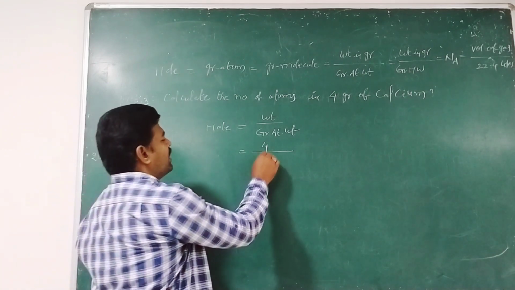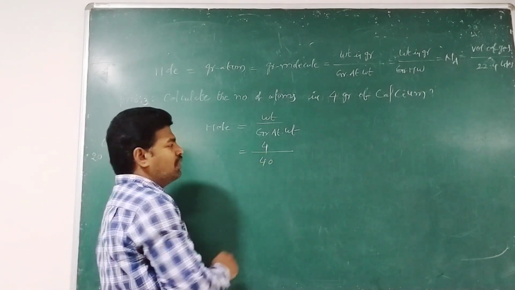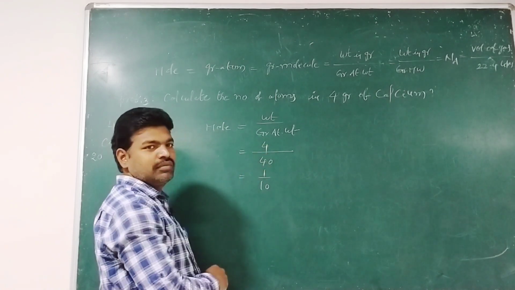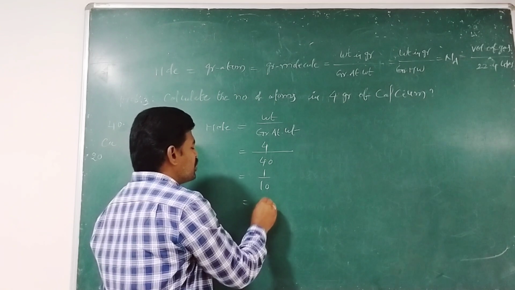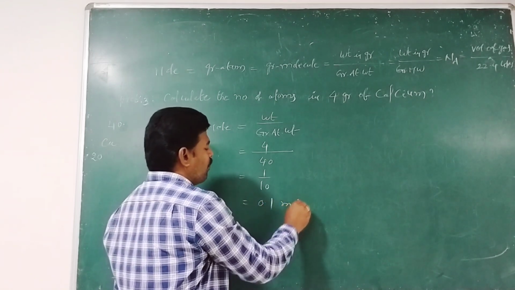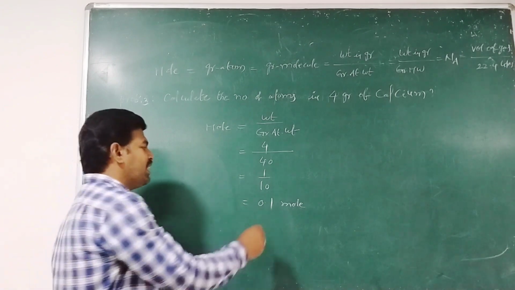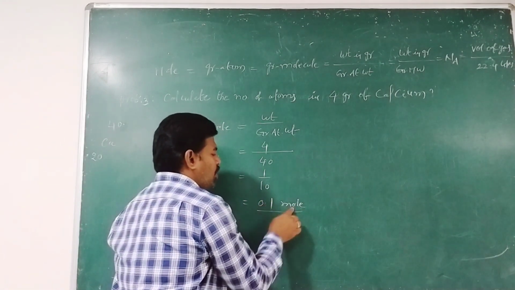Therefore 4 by 40 means 1 by 10, which is equal to 0.1 mole.